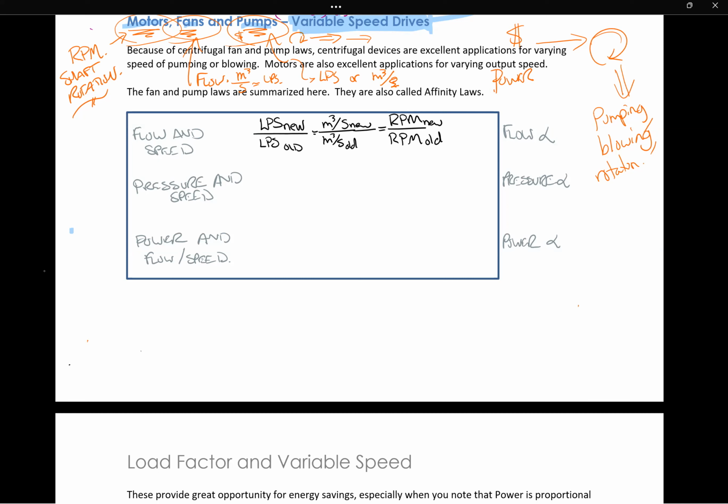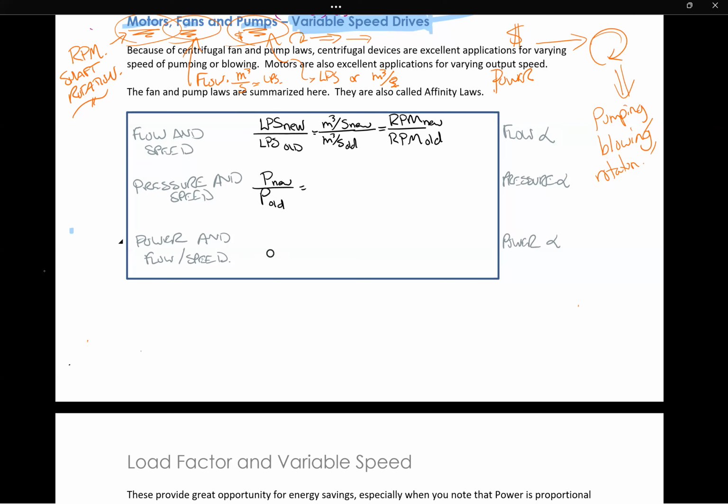Now, if we look at pressure, let's say we want to vary the speed on a pressure related device. Then the pressure new over pressure old has the following relationship.